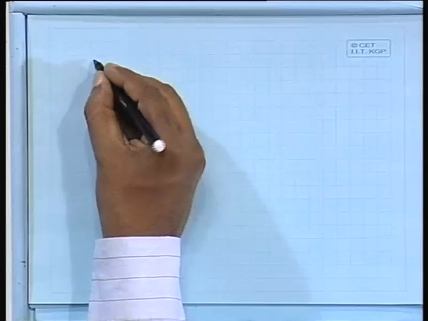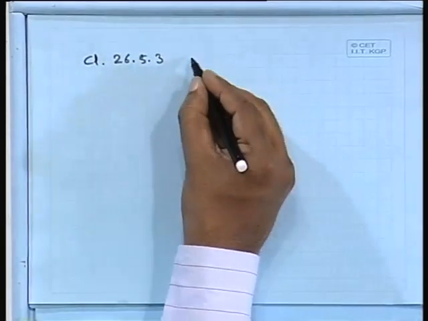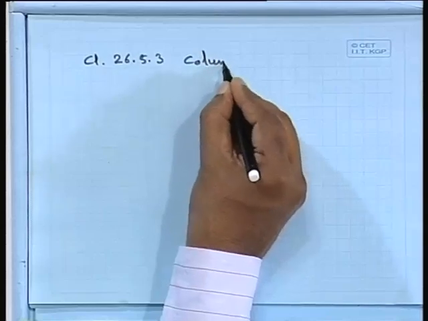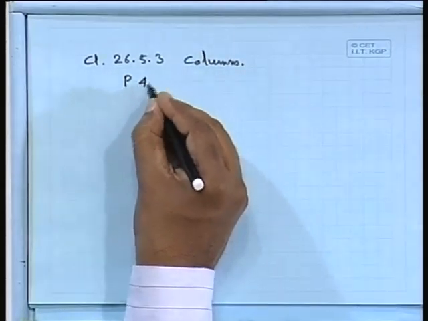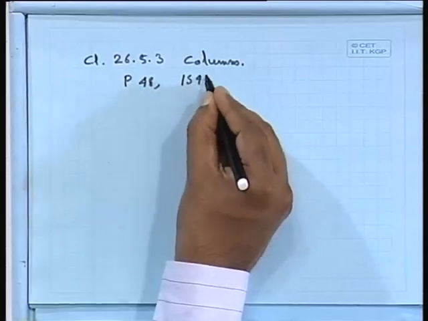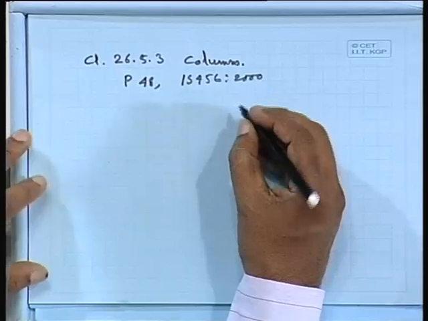You will find it in clause 26.5.3, columns, page 48 of IS. I am always referring this so that you will be familiar with these clauses.